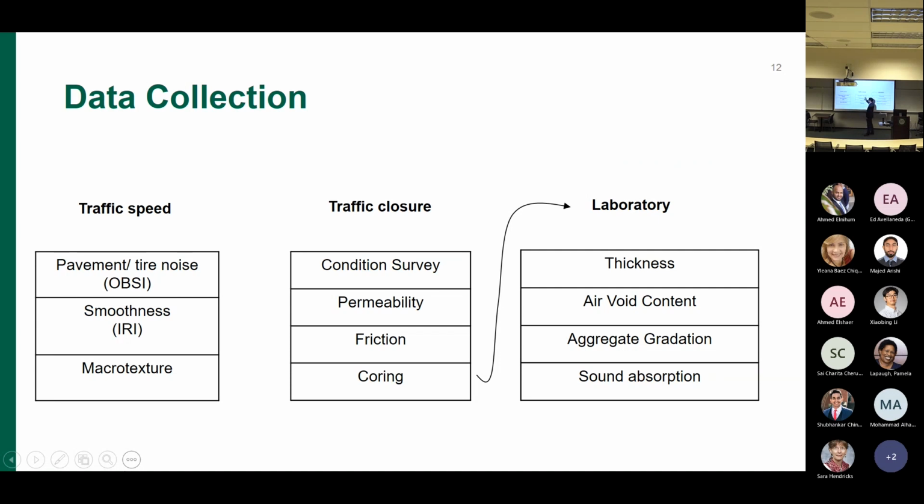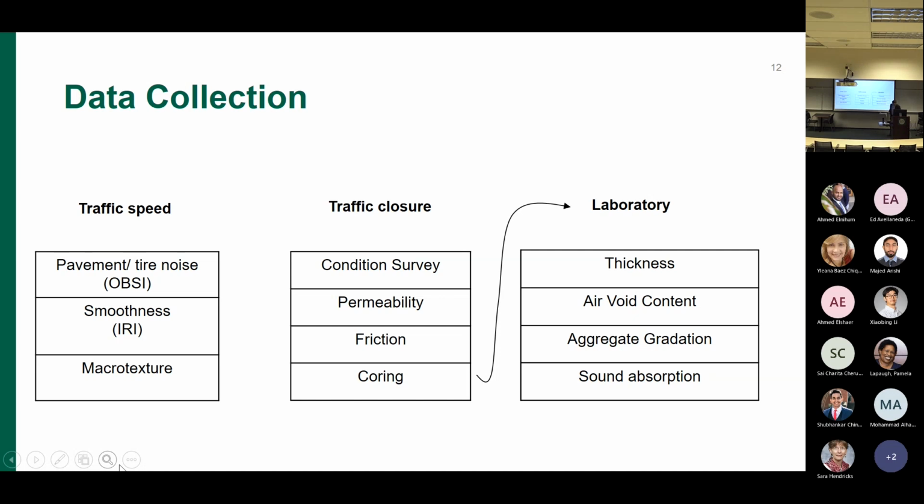Then the pavement sections also undergo in-situ testing, including visual inspection of the pavement surface condition and measurements of permeability, friction, and sampling. The core samples are brought into the lab for further experiments, including the determination of layer thickness, air void content, and measurement of the sound absorption.